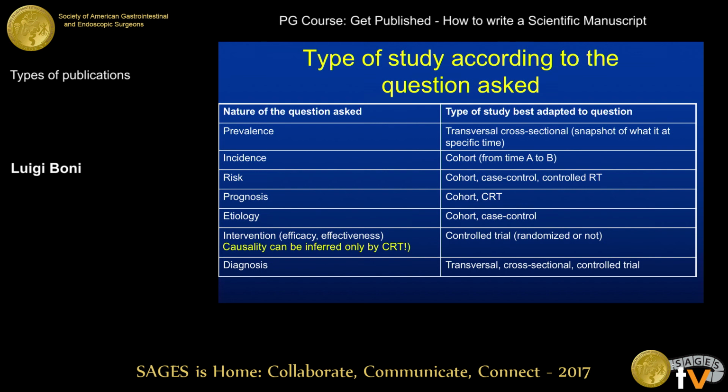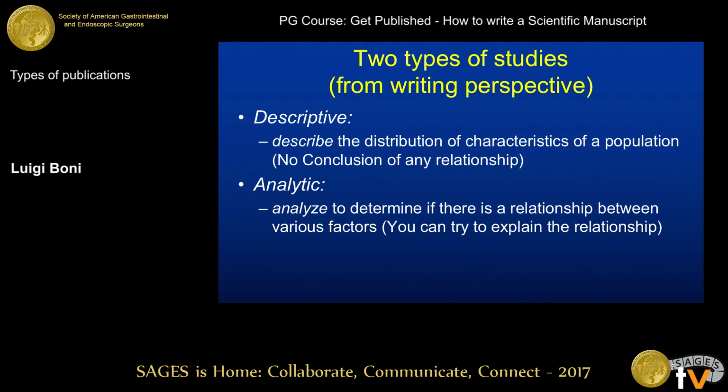And if you really want to see if a specific intervention, a specific procedure, is effective, you should go for a controlled trial, randomized or not. But if you want to avoid any kind of causality bias in your study, you should go for a controlled randomized trial.